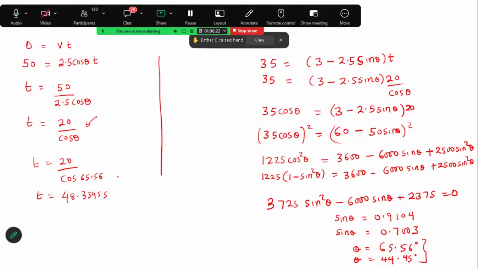When you use 20 divided by cos of 44.45, you find yourself getting your answer for T as 28.01 seconds. Now, that is how you do it in case you have decided to get the course.